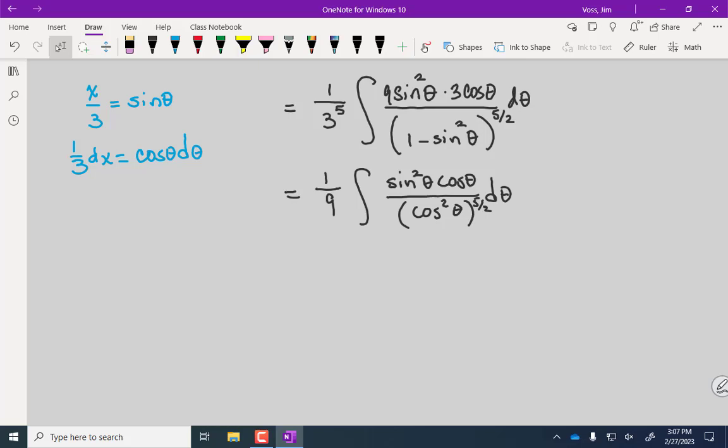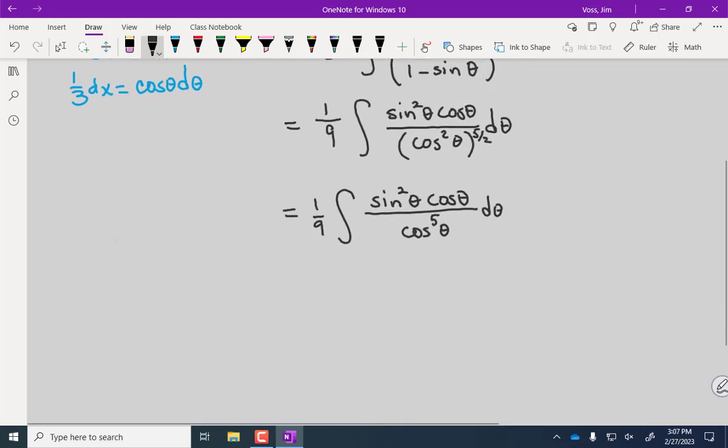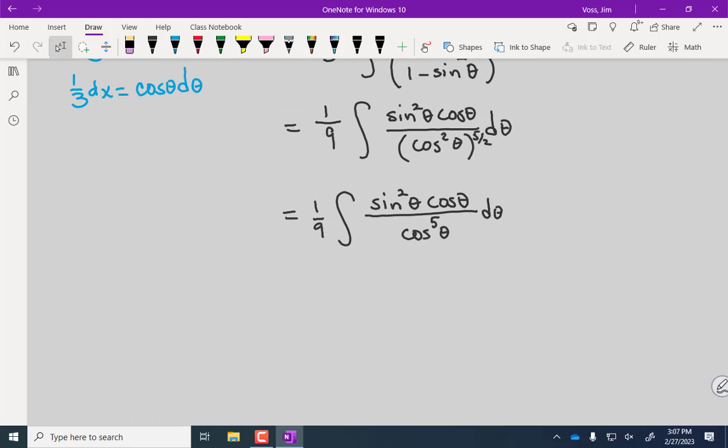So this is going to give us 1/9. Numerator, let's just leave that alone for the moment. And down here we have cosine to the what power? 5th power? And then canceling out 1 cosine gives cosine to the 4th in the denominator.